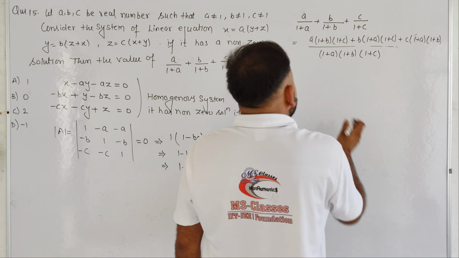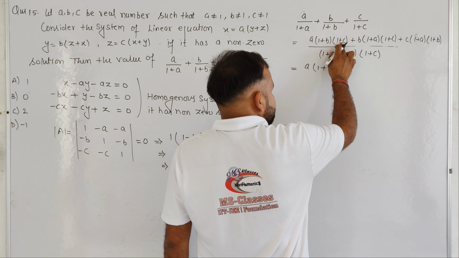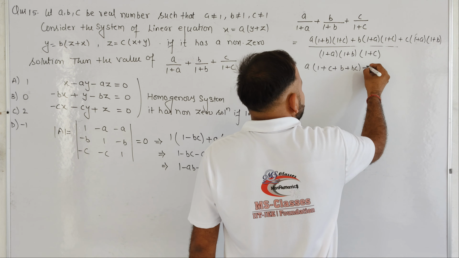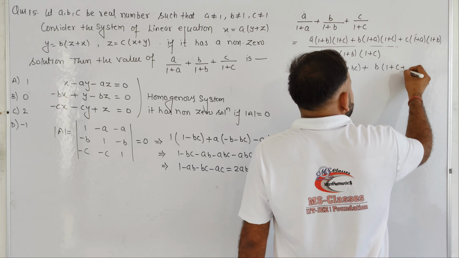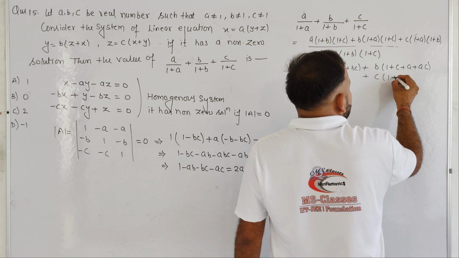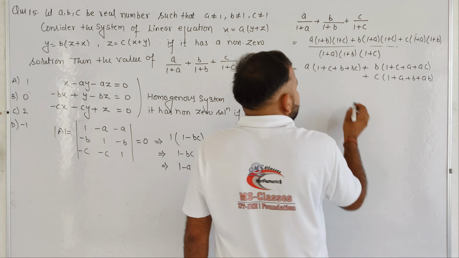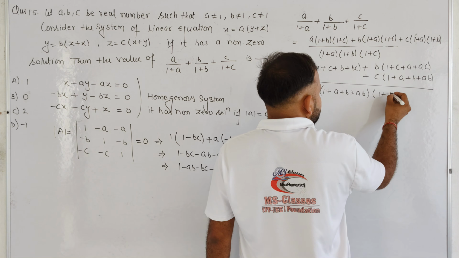Okay. So student, you can see a times, if you multiply 1 plus b and 1 plus c, so 1 plus c plus b plus bc, plus b times (1 plus c) plus a plus ac, and the other thing is c times (1 plus a plus b plus ab). Divided by 1 plus a plus b plus ab, multiplied by 1 plus c.